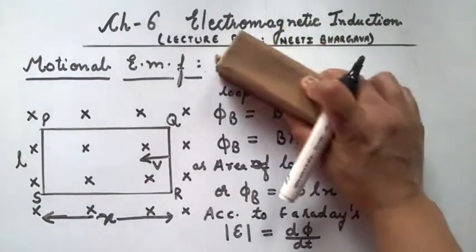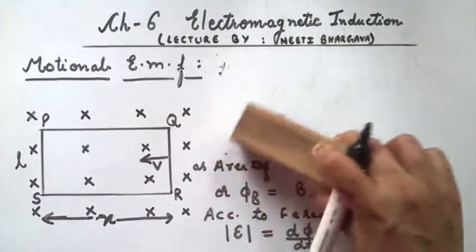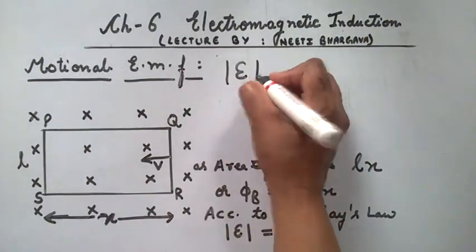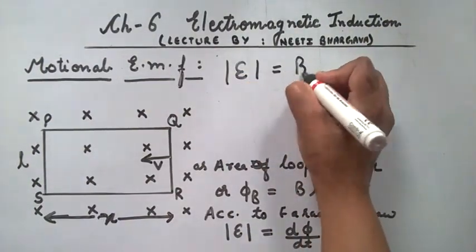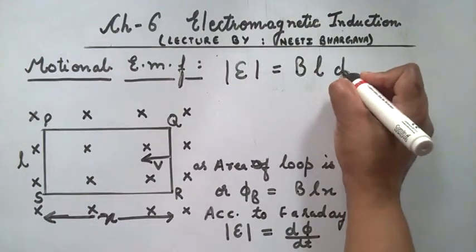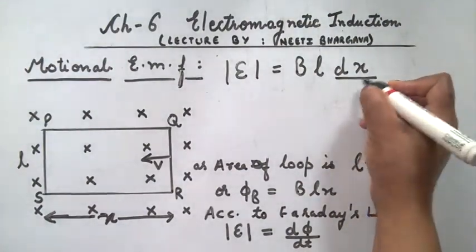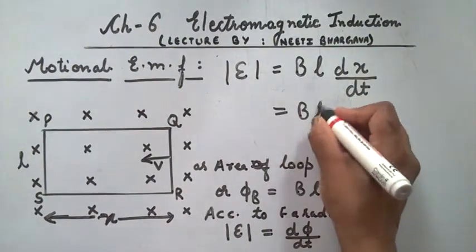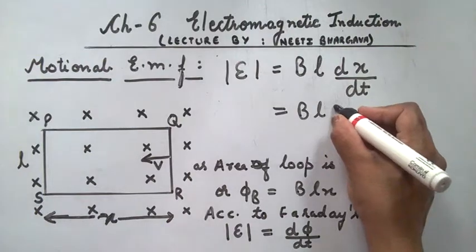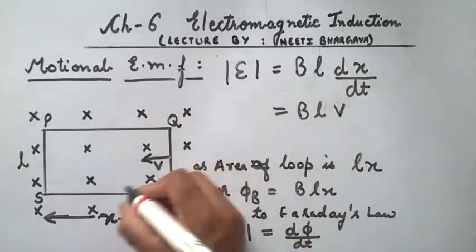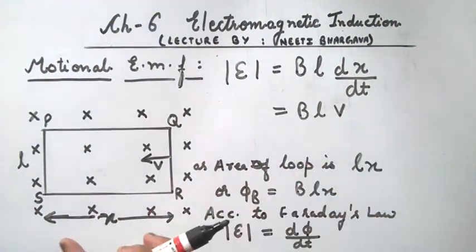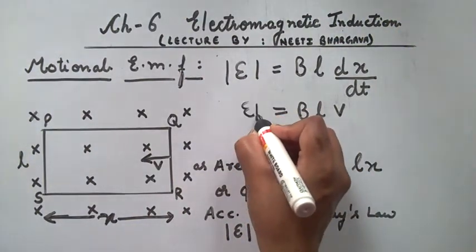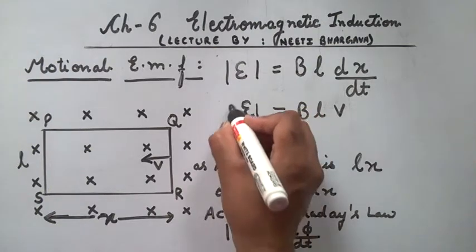Thus we can write magnitude of induced EMF is equal to B and L is constant, differentiation of x with respect to time, where dx by dt is taken as the speed of a conductor, or the velocity in terms of vector quantity. So this is the value of induced EMF.